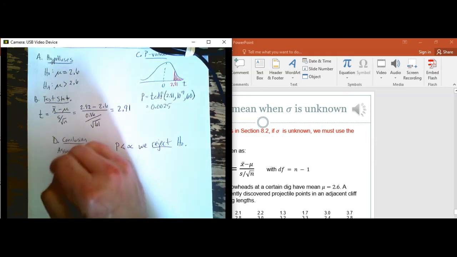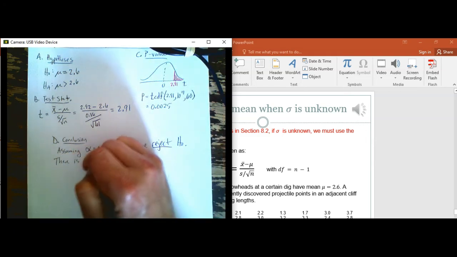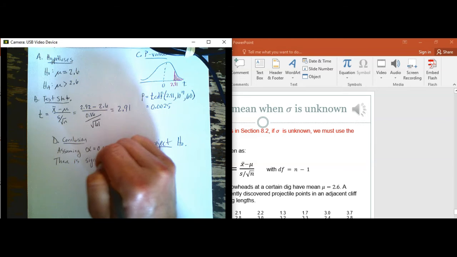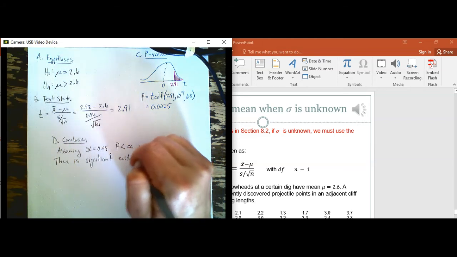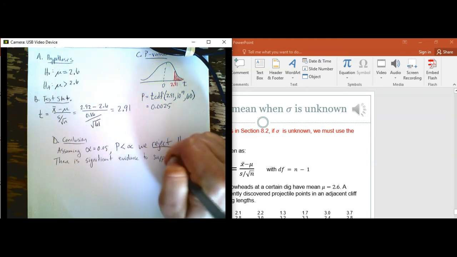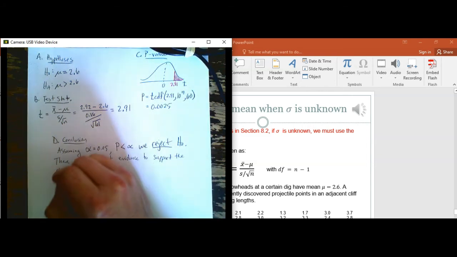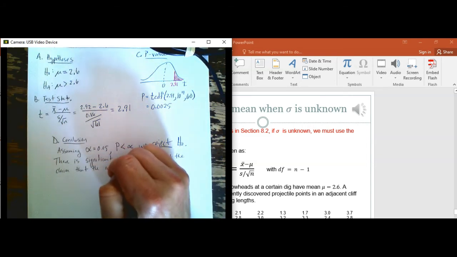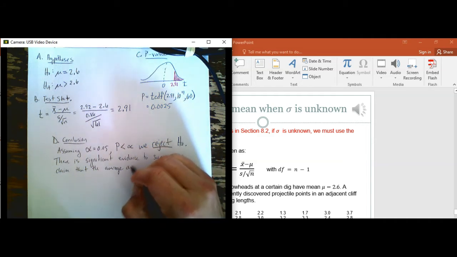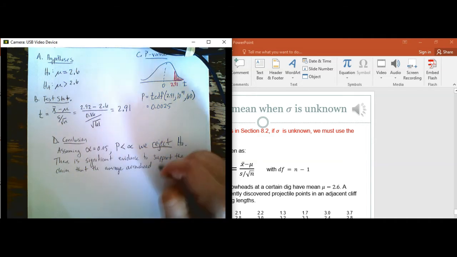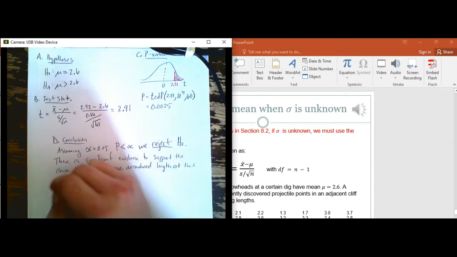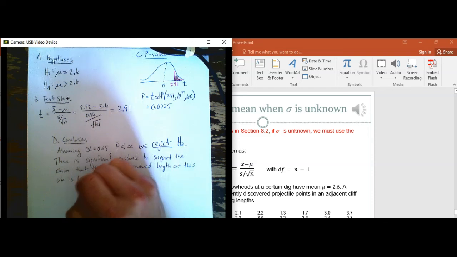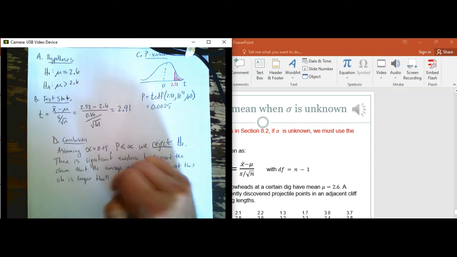There is significant evidence to support the claim that the average arrowhead length at this site is longer than 2.6 years.